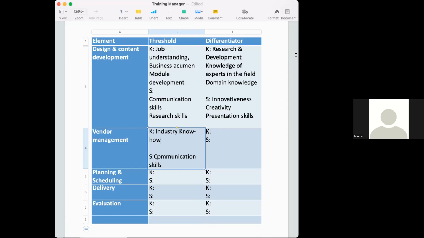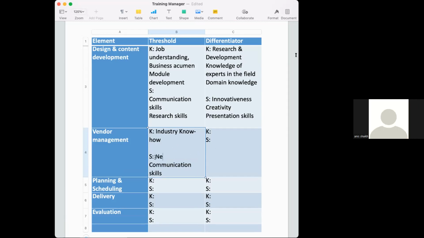Yeah, exactly. Industry know-how is okay. Then one more thing I wanted to add there. Vendor management: negotiation skill is okay here, gentlemen. At least basic negotiation he can do. Basic negotiation, right? Correct. Negotiation.